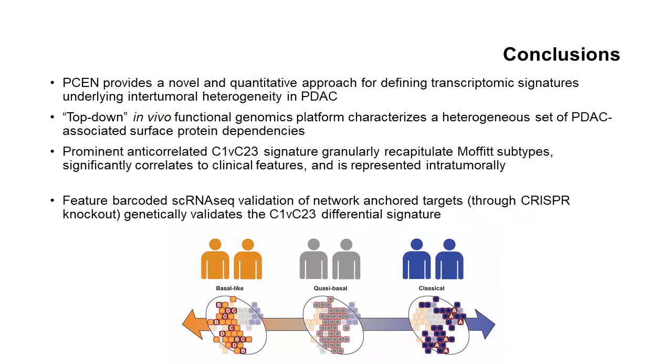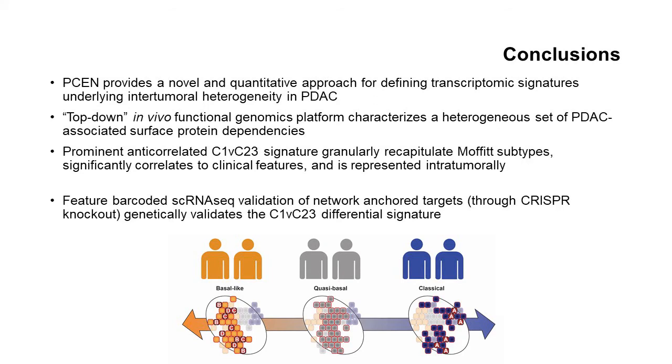Just as a summary, the PDAC co-expression network provides a novel and quantitative approach to capture transcriptomic signatures across various different biological processes to help shed light on intra-tumoral heterogeneity within PDAC.